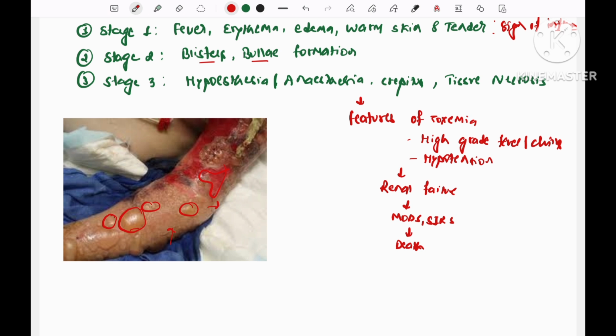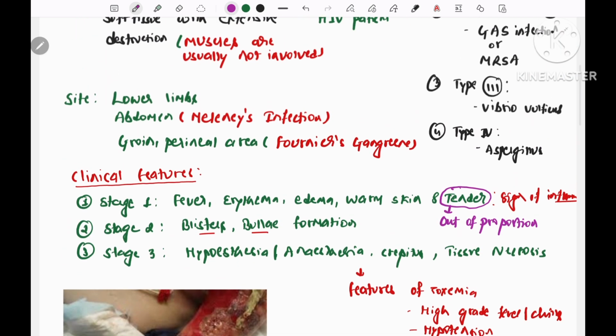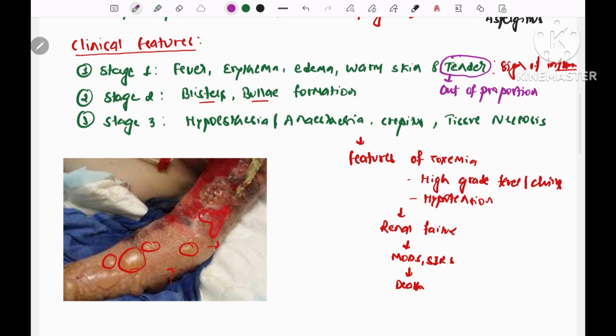Along with these clinical features, one thing we have to know is that the tenderness present in necrotizing fasciitis is out of proportion, and similarly the toxicity which is present is also out of proportion.